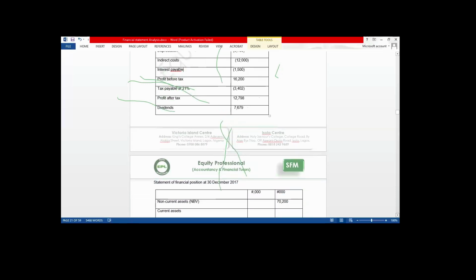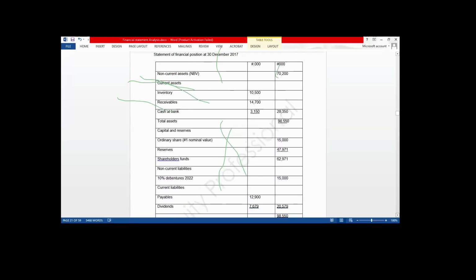Next, we have the statement of financial position: non-current assets, current assets, inventory, what have you. You have the statement given to us.